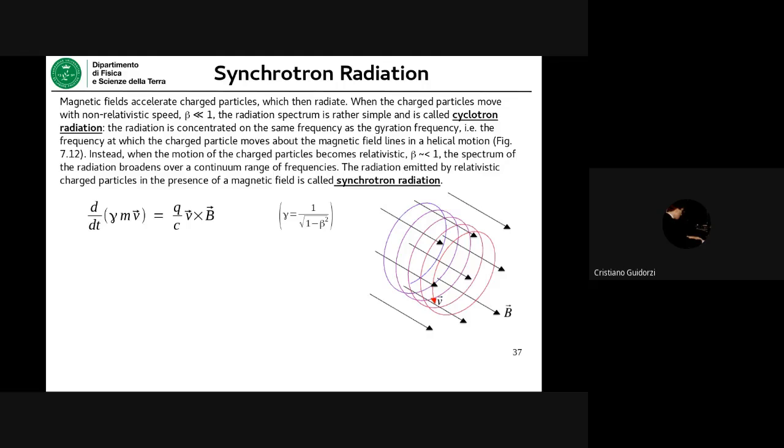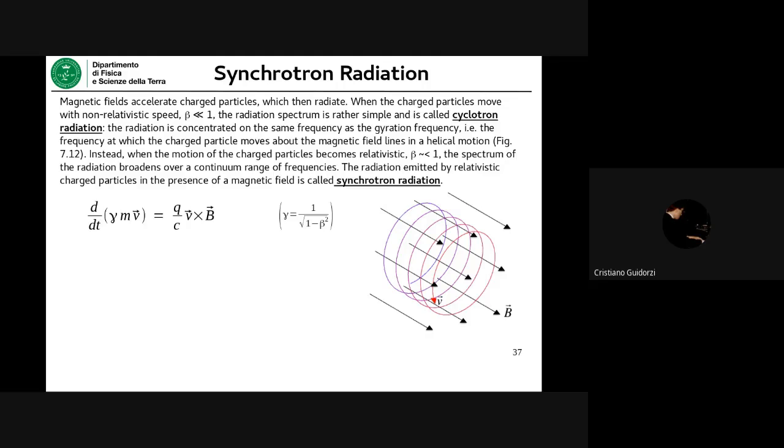Things change significantly instead when, from a non-relativistic case, you move to relativistic or ultra-relativistic electrons. In that case, from a qualitative point of view, the electrons are still accelerated by the magnetic field. So again, emission.